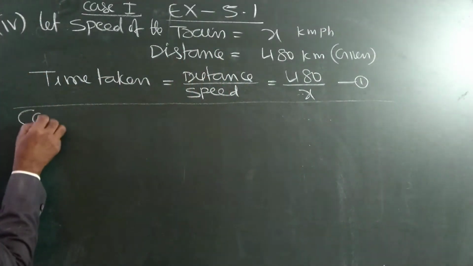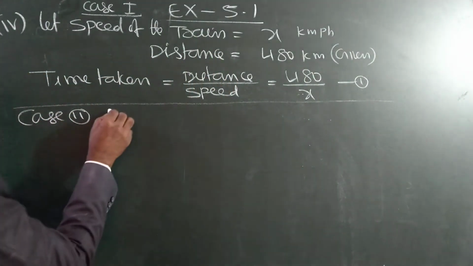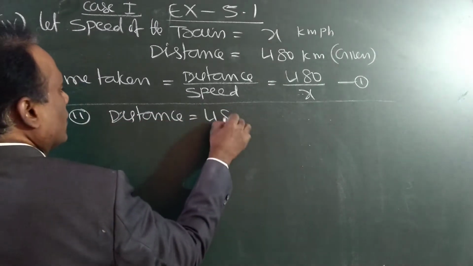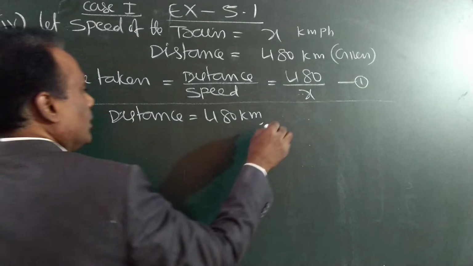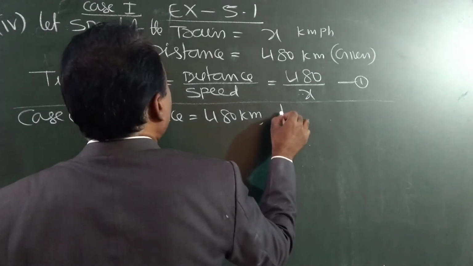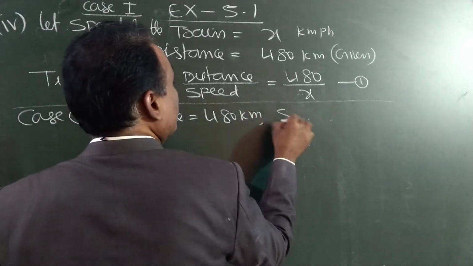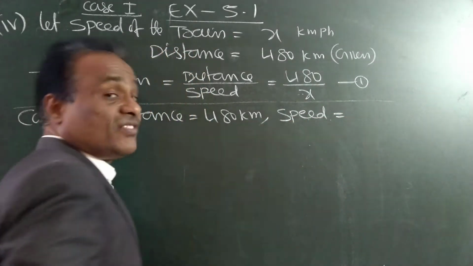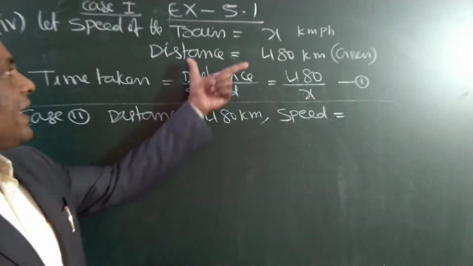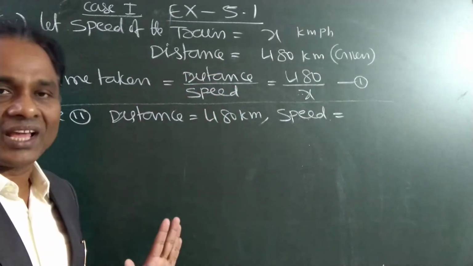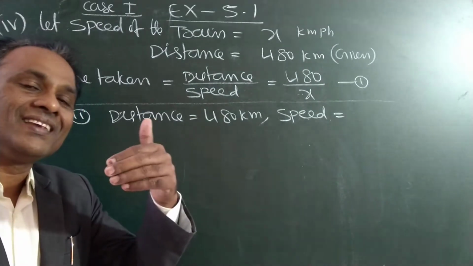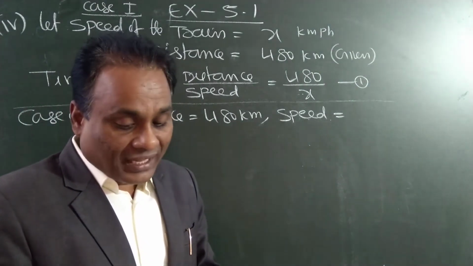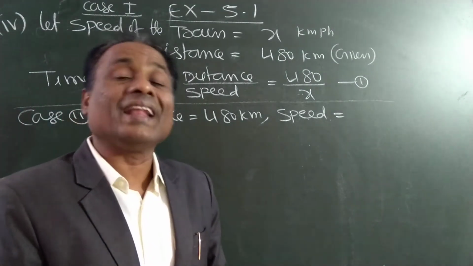Now case 2, the second case. Distance is the same, 480 kilometers only, but the speed is changed. Same 480 kilometers it has to travel, but the speed is decreased. The speed has been 8 kilometers per hour less.